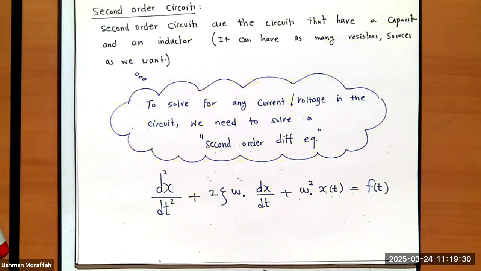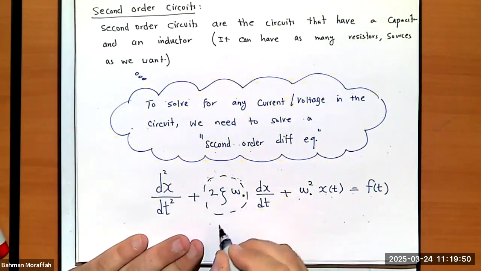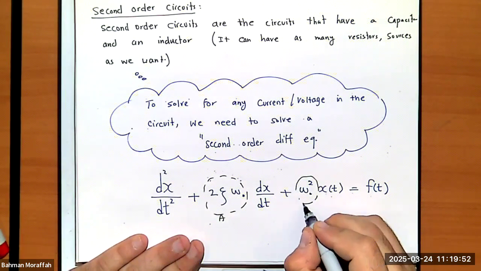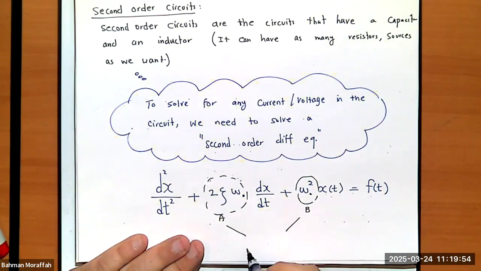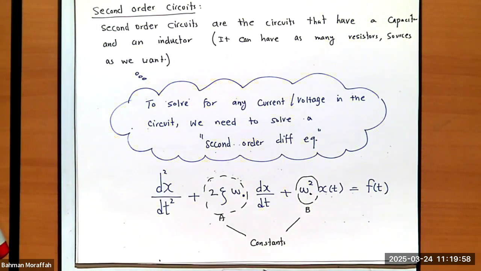Why do we call this 2 psi omega naught or omega naught squared? In a second, it'll be clear why. But you can think of them as constant values for all these coefficients. So this is basically some constant A, and this is some constant B. These two are constants, and that f(t) is a forcing function.